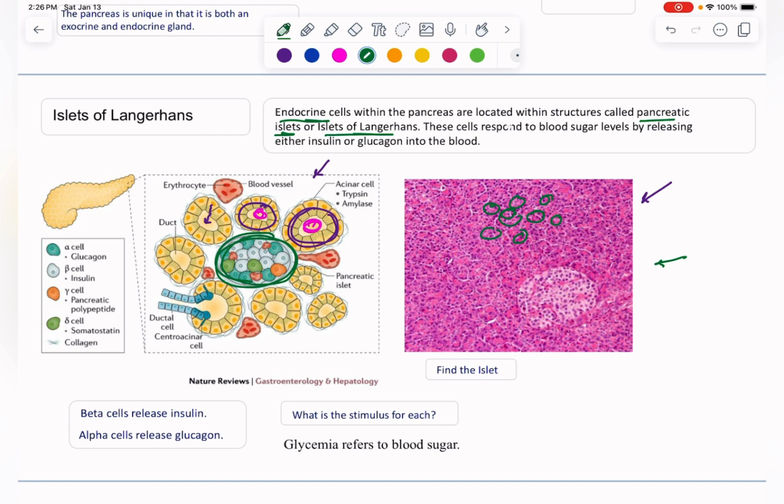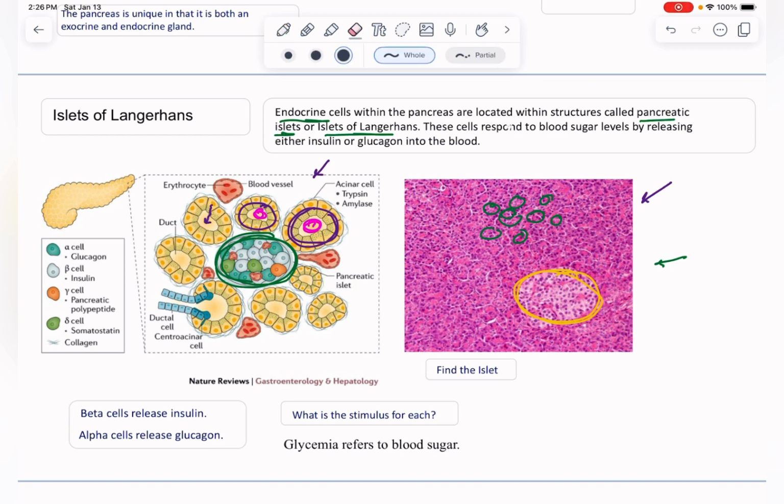And then if you look closely, you can see here we have this cluster of lightly stained cells, and that represents an island of Langerhans. So those are the endocrine cells of the pancreas that are going to produce insulin and glucagon.